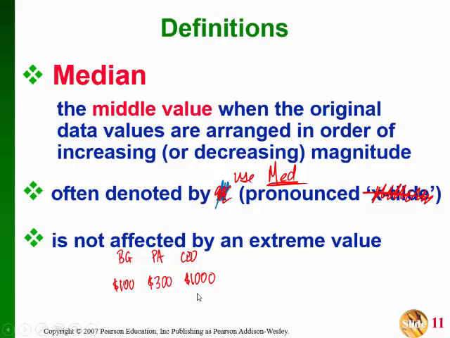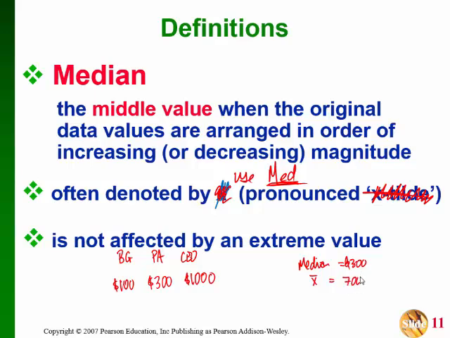What's my median? What's my mean? What is it? $1,700?